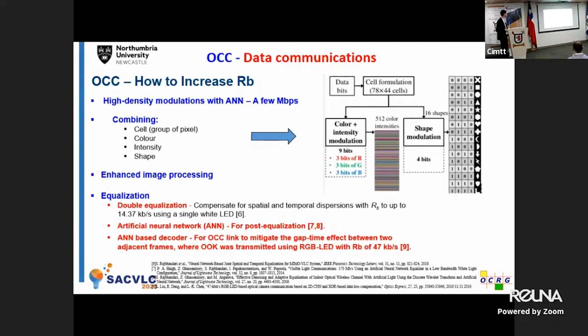Here is some of the literature that talks about the equalization concept, from having a double equalization, pre and post equalization, to the use of artificial neural networks, the current advances to enhance the signal, which I worked on throughout my PhD, and we will see that in the coming slides. And again, you can have an artificial neural network-based decoder. We design a decoder that can enhance the signal and get it back based on the decoding scheme supported by the AI.